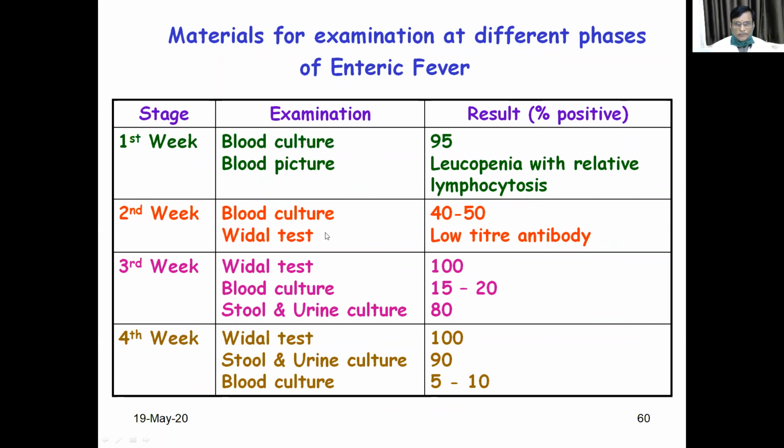Second week, blood culture is also useful, Widal is not useful. Whereas in the third week, the Widal test is very useful, and the stool and urine cultures are also very useful for the identification. And in the fourth week also, the Widal test, stool and urine cultures are useful and important.